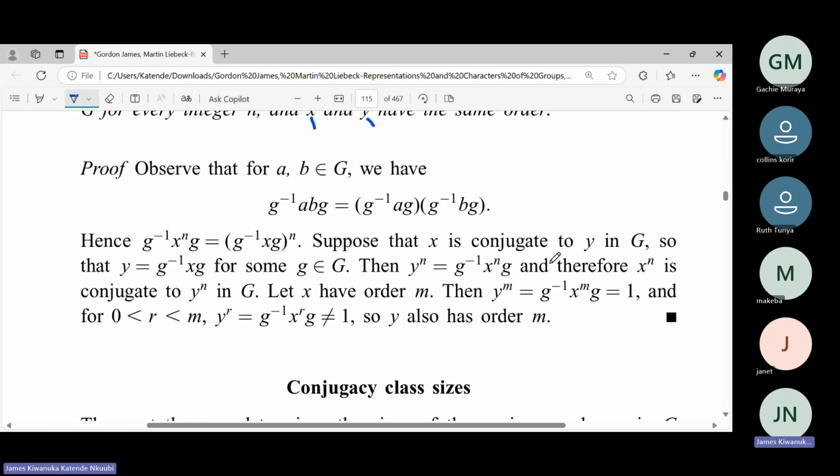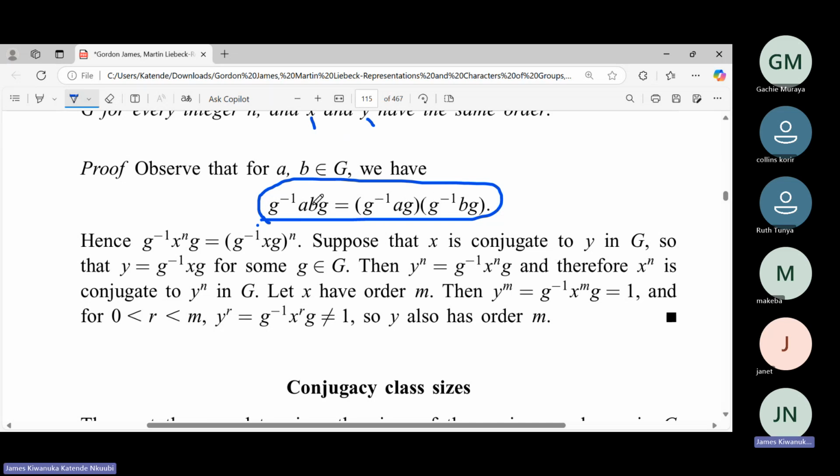So let's see if we can run through the proof quickly. This is the property we are going to use. If you have any two elements A and B in G, if you fix g, then g inverse AB can be written as g inverse A g g inverse B g.